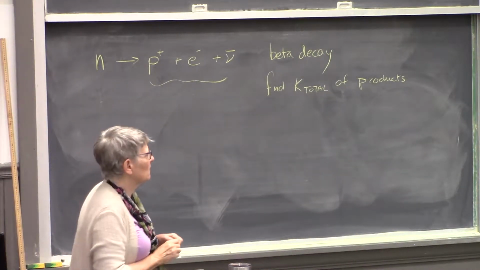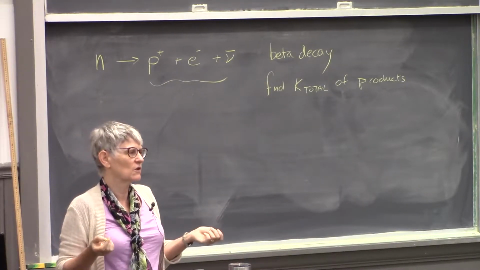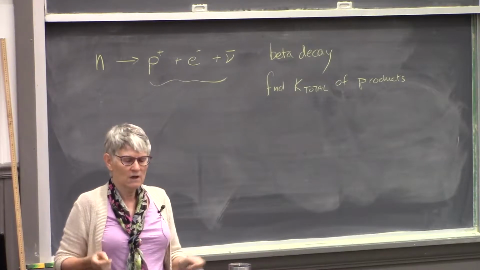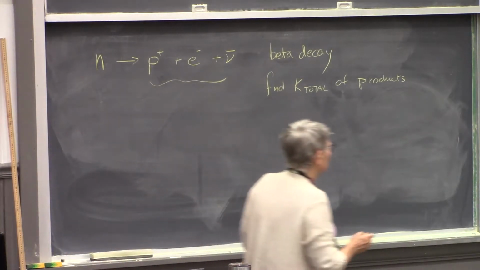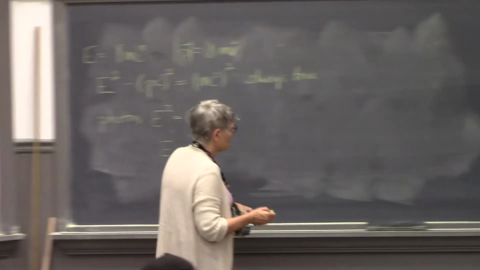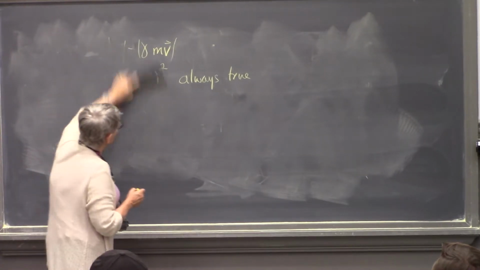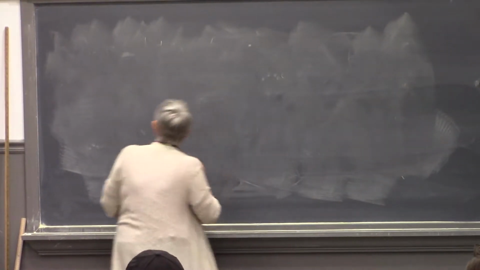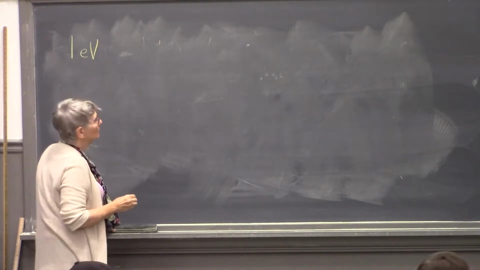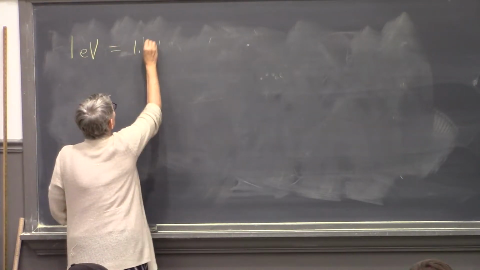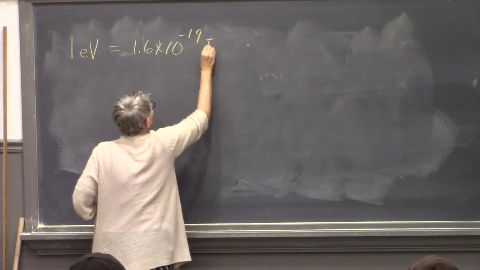Now, in this kind of calculation, because the mass of a proton or a neutron or an electron is so small, instead of using joules, we often use a unit of electron volts. So eV as a unit of energy. And so we have 1 eV is equal to 1.6 times 10 to the negative 19 joules.